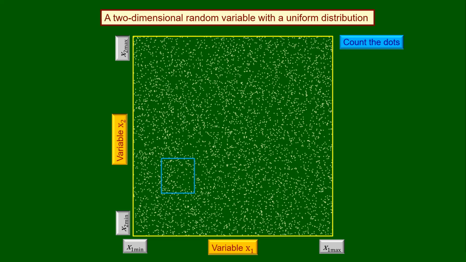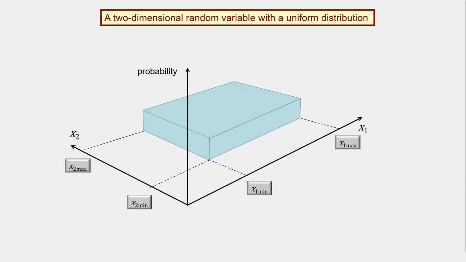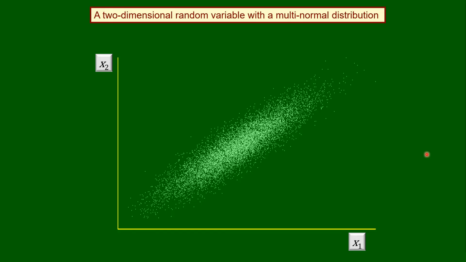I quickly find that there's pretty much the same number of dots within each one of these squares, and hence that the joint probability density function of x1 and x2 is uniform. Uniform for x1, uniform for x2, uniform for both of them, and the integral under that probability density function is again equal to 1. Okay, that's easy. Now let's look at a slightly more complicated situation.